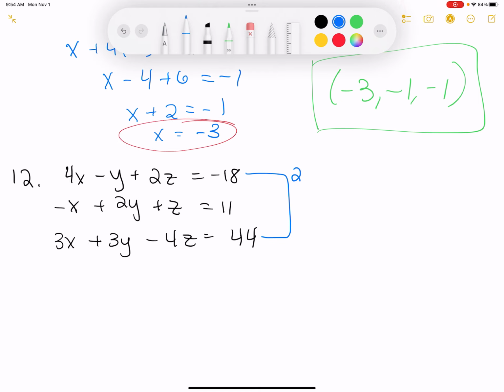I'm just going to write them down here because it'll be easier. 8x minus 2y plus 4z is equal to negative 36. And then I can just copy down the bottom one. 3x plus 3y minus 4z is equal to 44.